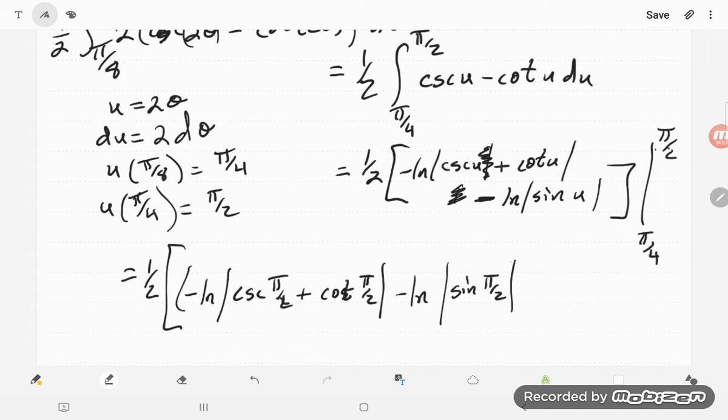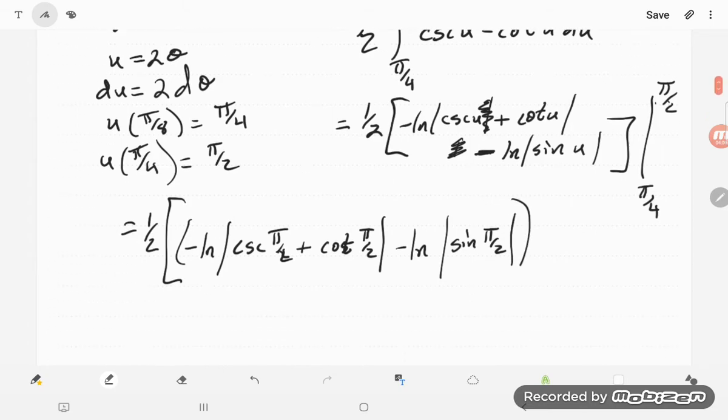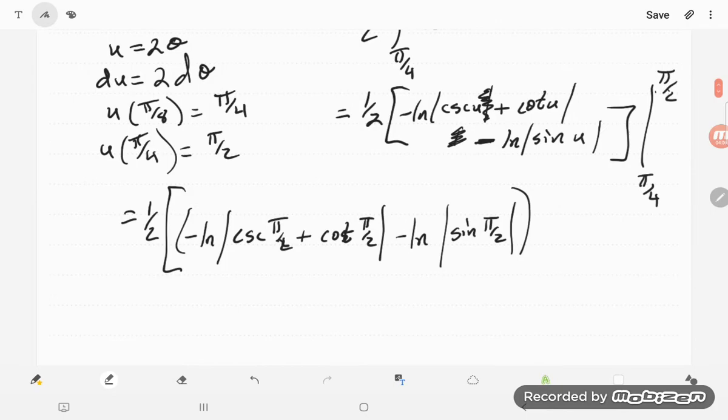All of that, and then now minus a minus, so I'm going to put plus, and we have our natural log of the absolute value of the cosecant of pi over 4 plus the cotangent of pi over 4, and then a minus and a minus, so we get another plus.